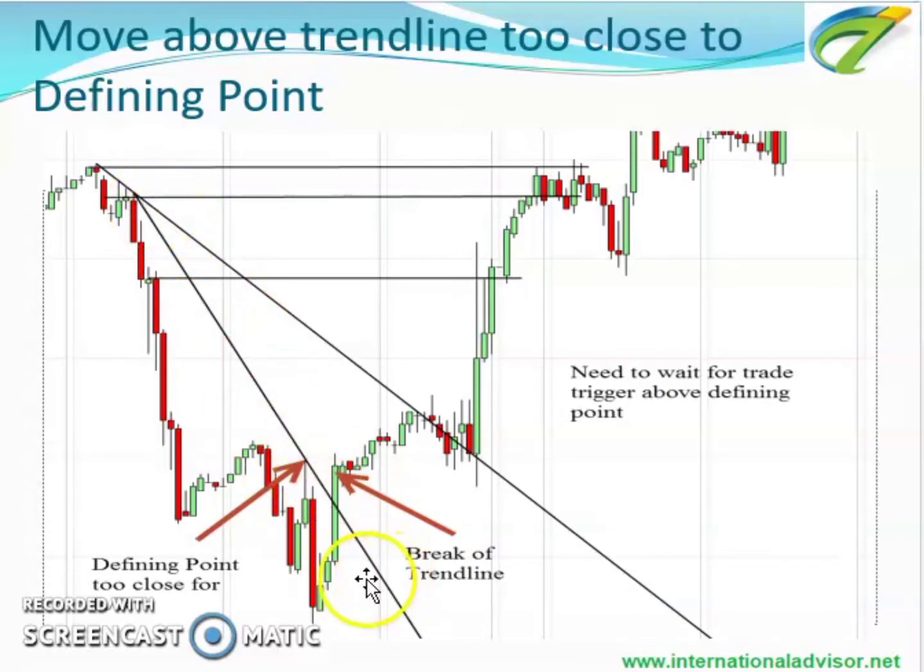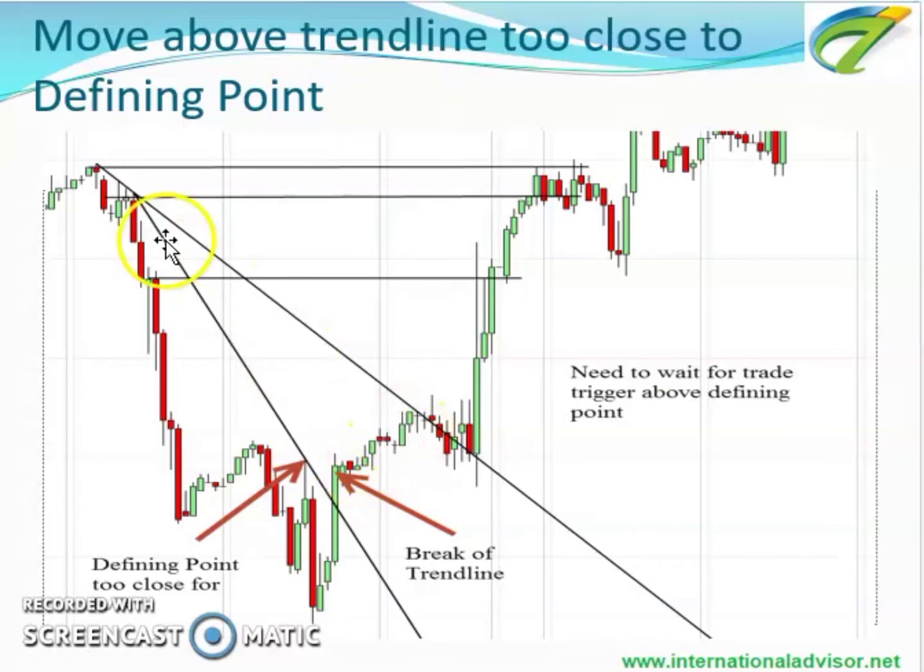This is again a real example, and you see finally it went up, but here it doesn't make much sense to buy because there is very little space available here, unless it is coupled with some other formations and strategies which we'll discuss in the next few classes.